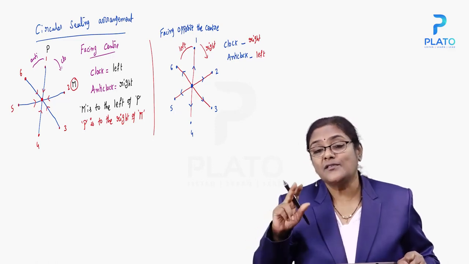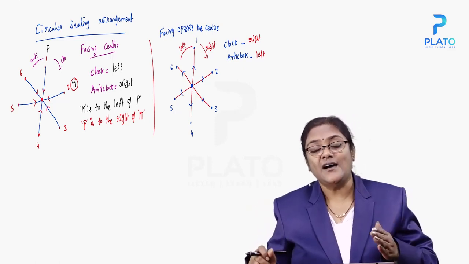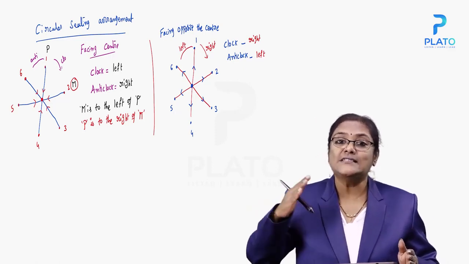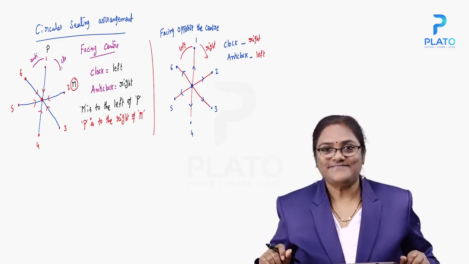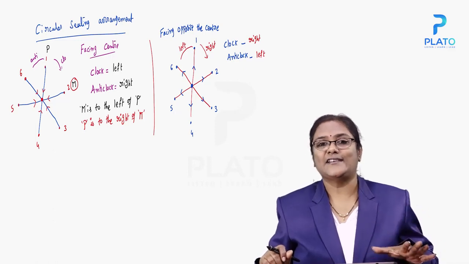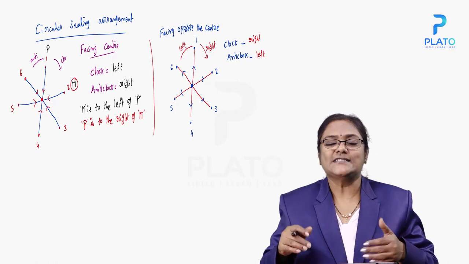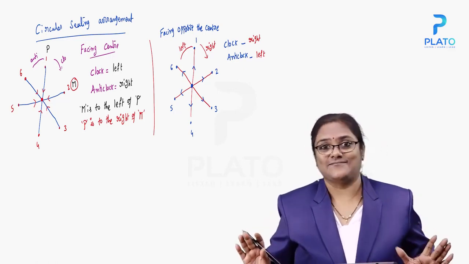But the confusion is, say for example, there are 6 persons, 3 are facing the center, 3 are facing opposite the center. That time you have to be very careful. Otherwise, when all the people are facing any one particular direction, either facing the center or facing opposite the center will give you the same answer.